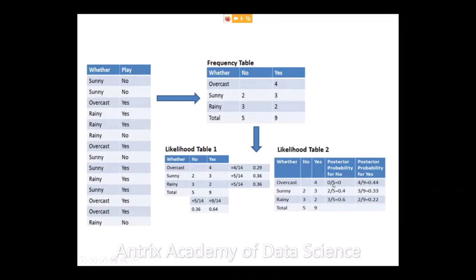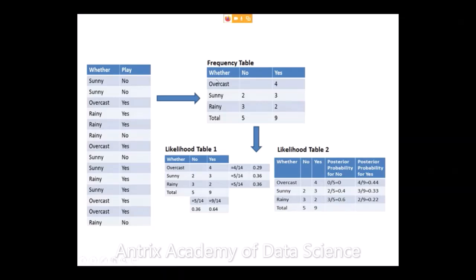Out of total no, overcast has 0 no, sunny has 0.40, which is 40 percent, and rainy carries 3 out of 5, which is 60 percent of occurrences wherever I say no. It means rainy has almost more than a 60% probability of not playing.